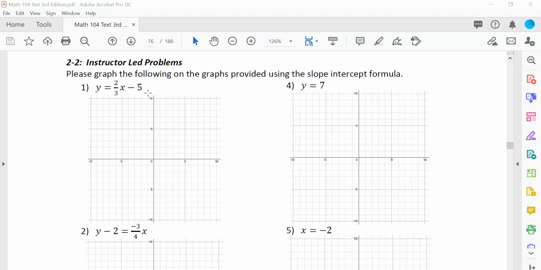Now, we all know that this is already in slope-intercept form. We have y on the left-hand side by itself, then an equal sign, then a coefficient of x, and then plus or minus a number. Here in this case, it's a minus 5.